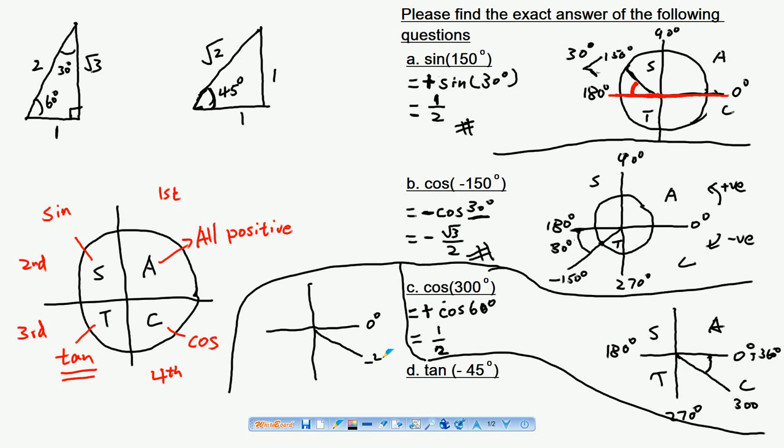Minus 45 degrees, and we write A S T. So in your fourth quadrant, only cos is positive, and we have tan here. That means it will give us a negative value.